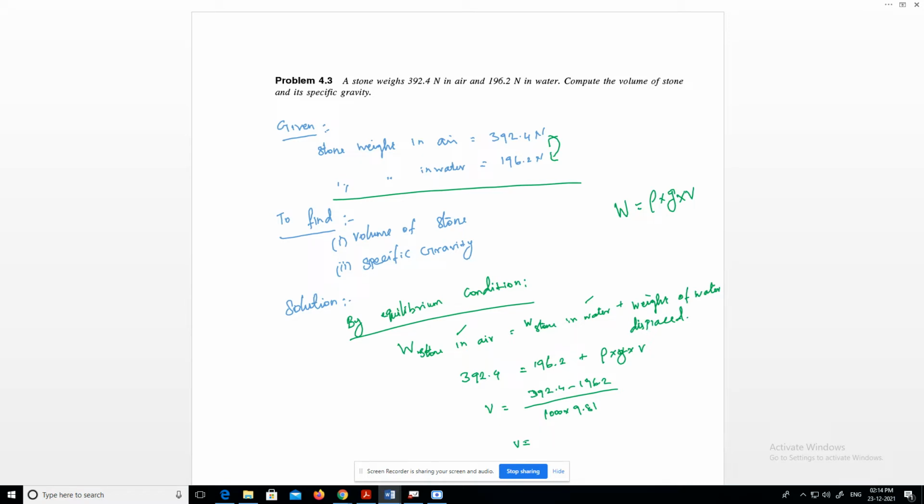So the volume is equal to 2 into 10 to the power 4 centimeter cube, or 1 by 50 meter cube. Is it right? Okay, fine.